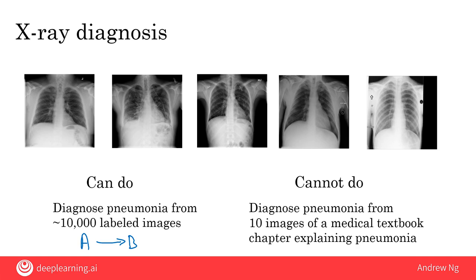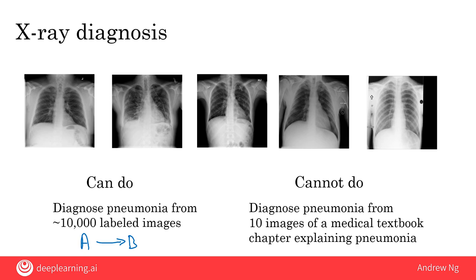Something that AI cannot do would be to diagnose pneumonia from 10 images of a medical textbook chapter explaining pneumonia. A human can look at a small set of images, maybe just a few dozen, and read a few paragraphs from a medical textbook and start to get a sense.